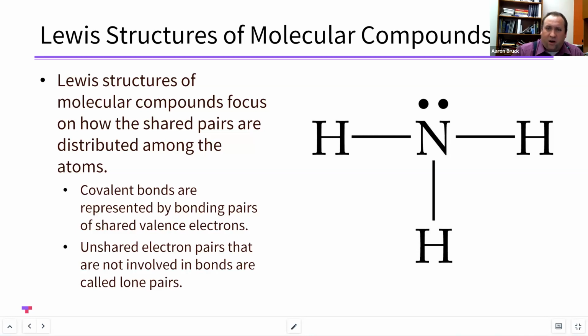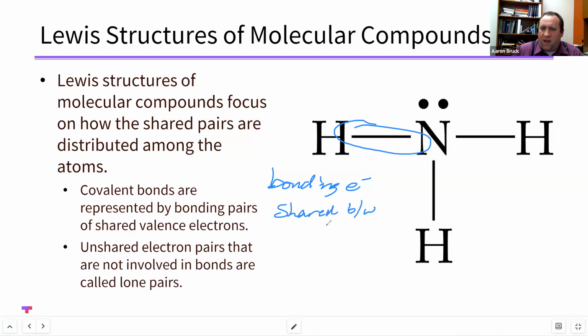And so there are two kinds of electrons in a Lewis structure for a molecular compound. You have these electrons right here. These are known as bonding electrons, and they are shared between the atoms.